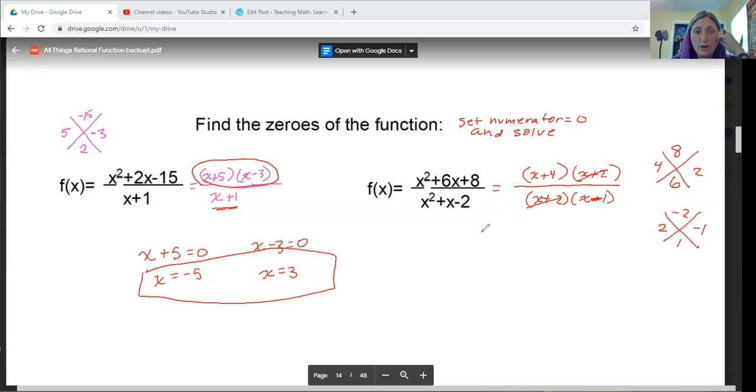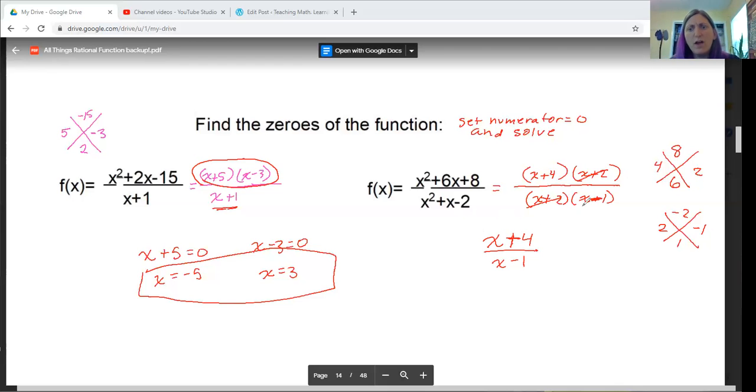Neat. So now our simplified function, of course, is x plus 4 over x minus 1.